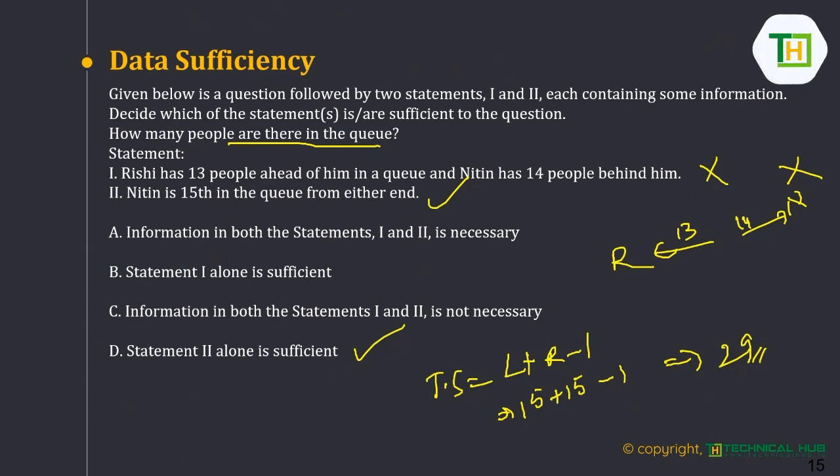Yes, then you give the right answer, you can find the total strength of the row. But here 2 different people are there, one is Rishi and another one is Nitin. How can you find it when only 14 people are behind? You can't use statement 1 to find the answer. So using only statement 2, you can find the answer.